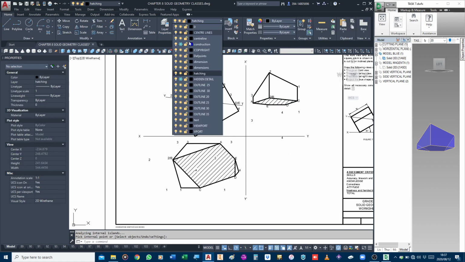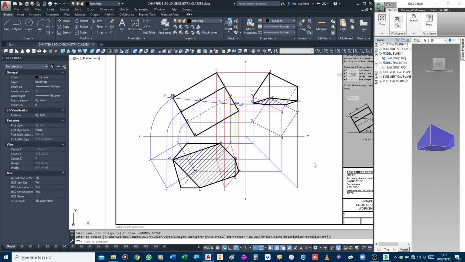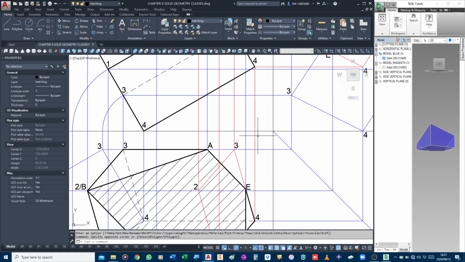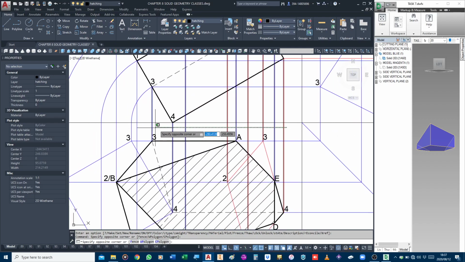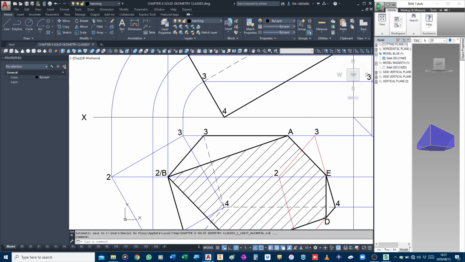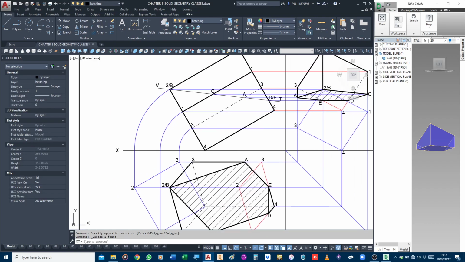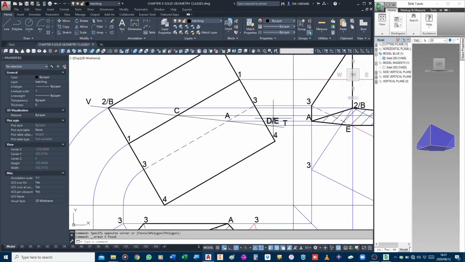And I then switch my construction lines on, I switch my hidden detail lines on, and there we go. There is the answer. So if I take these vertical lines away, just to make it clearer, I am sure you can now see the answer a little bit better.